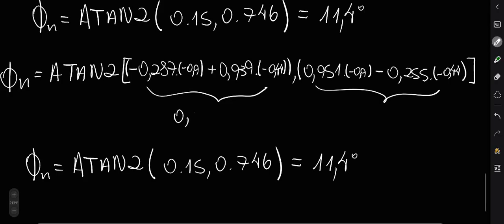And this is 0.258, sorry, is minus 0.5486. Well, and right here is minus 0.743.